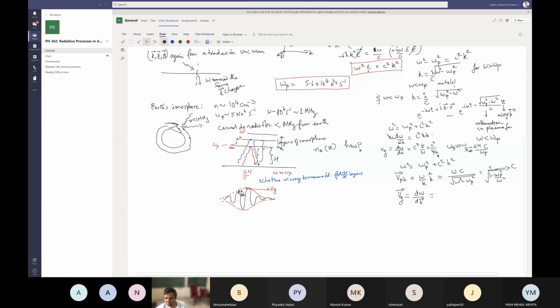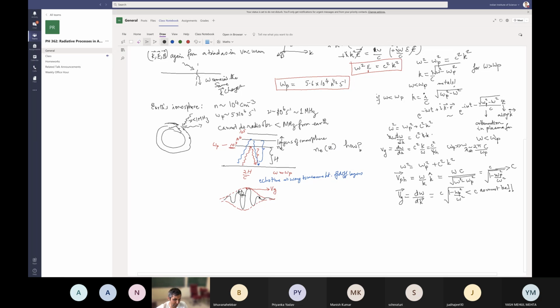So vg is equal to c squared by v phase, so this is equal to c times the square root of (1 minus omega p squared by omega squared), which of course is less than c, as it must be. Right, so this is the group velocity.